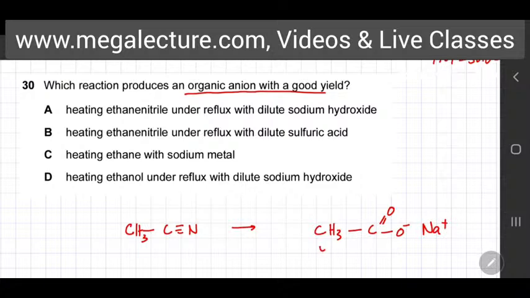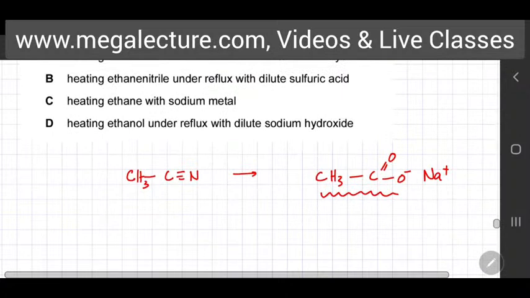So you will get an organic anion in that case, and that pretty much makes sense. So that one is definitely correct because you're getting an organic anion, and it's going to be good yield. The other one, if you do acid hydrolysis, something similar would happen.